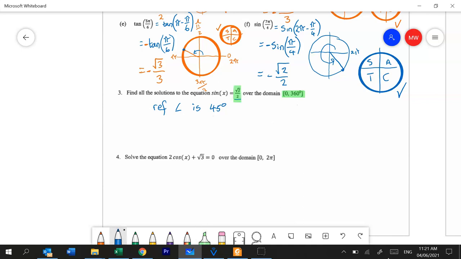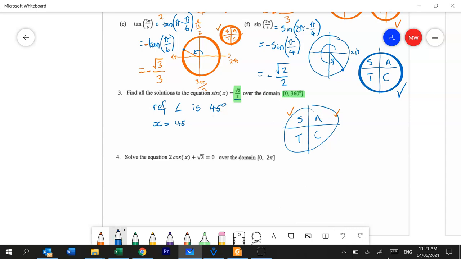So next thing we do is we draw our CAST diagram. And we are looking for all of the quadrants where we would have a positive answer. And that happens in the first quadrant and in the second quadrant. And so this is what we base our angles off. That means that x will either be 45 degrees, because we will only have travelled 45 degrees into here, okay?